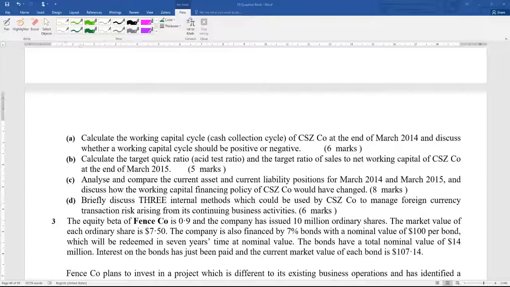The case of Safaricom, what do you expect? Positive or negative? What do you expect of the cash conversion cycle of Safaricom, a service company?